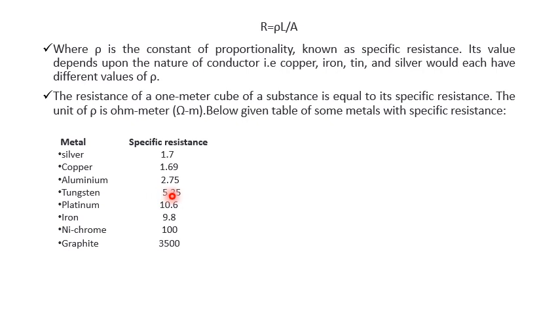Tungsten has 5.25. Platinum, iron, nickel, chrome, graphite have specific resistances of 10.6, 9.8, 100, 3500 respectively. The specific resistance of any material is a constant value.